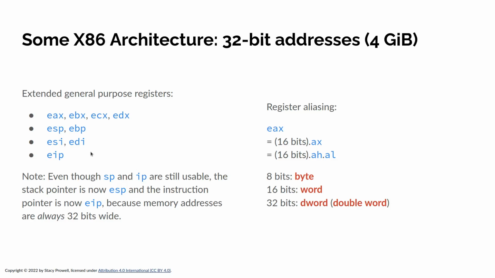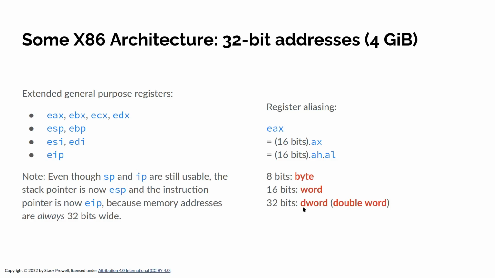The older registers are still around, but they couldn't hold a complete address anymore. We had some aliasing. We could think of EAX as 32 bits, and AX is still around. It lets you access the low 16 bits of EAX. And AH and AL are still around. So we had bytes and words before, but now we had double words, and we tend to call those D words.